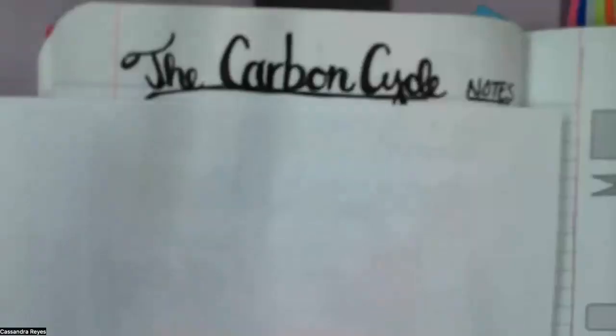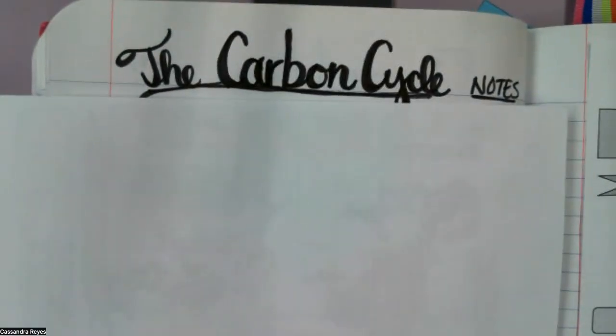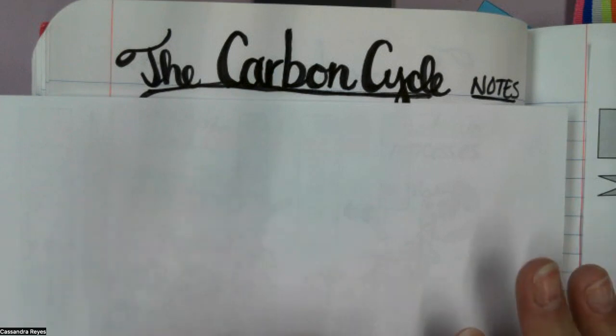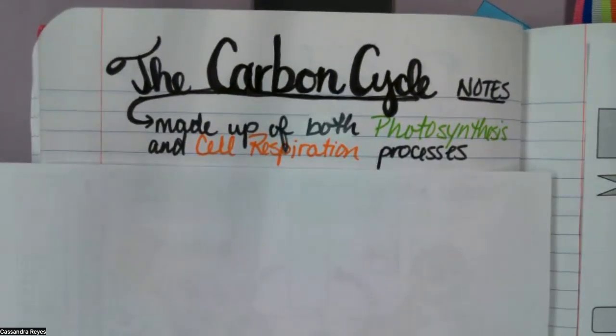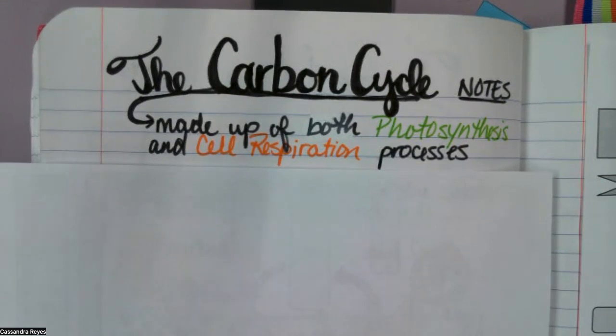So as I was saying, we're coming towards the end here, talking about photosynthesis and cellular respiration. And guess what? That's called the carbon cycle. The carbon cycle is made up of both photosynthesis and cellular respiration processes.